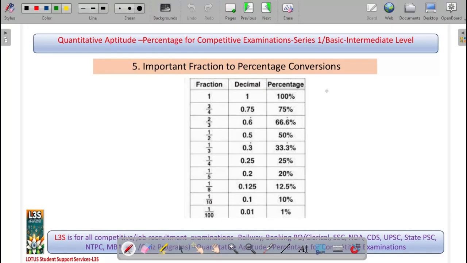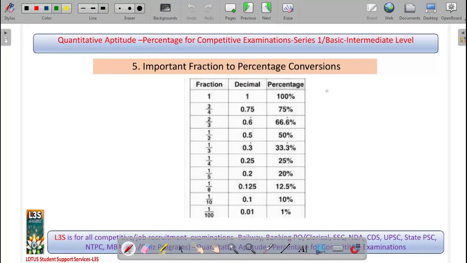If the fraction is 3 by 4, then decimal will be 0.75, percentage 75%. If it is 2 by 3, decimal will be 0.6, and percentage 66.6%.